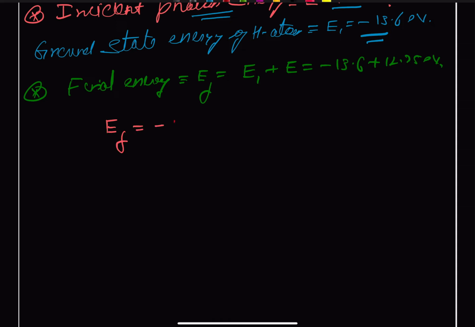Now we can use our energy level formula and find out the value of n, to which level it can maximum go based on the energy.